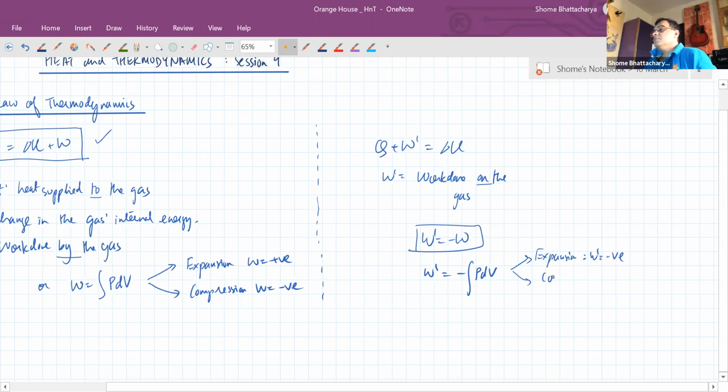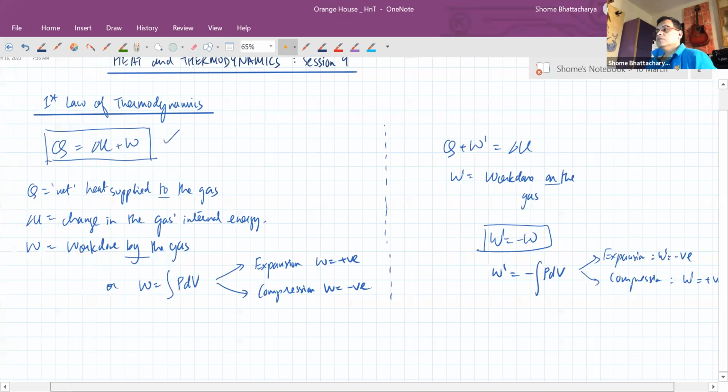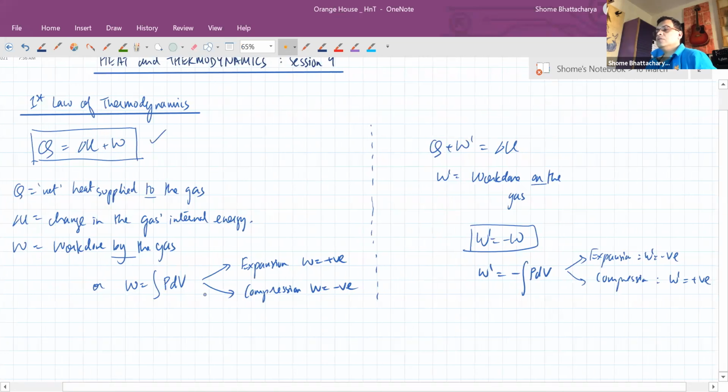Whereas if the gas is compressed, then the work done on the gas during that process will become a positive quantity. It's just the opposite of this equation of work done by the gas.